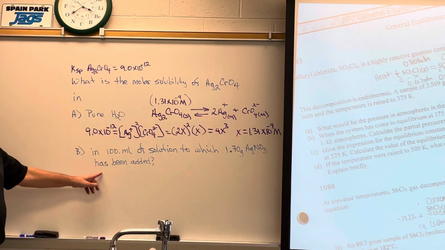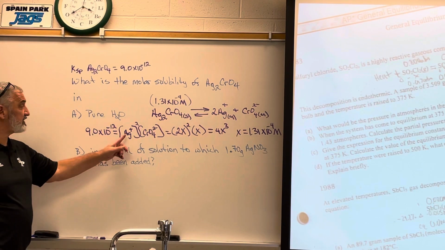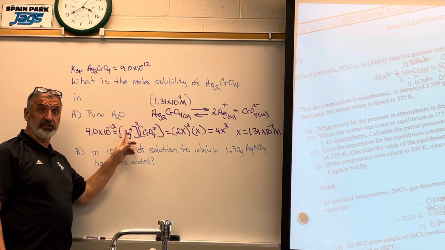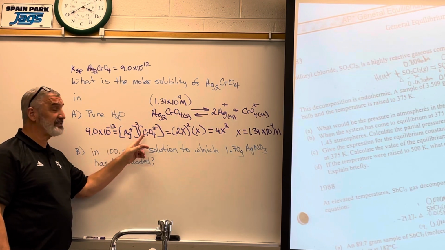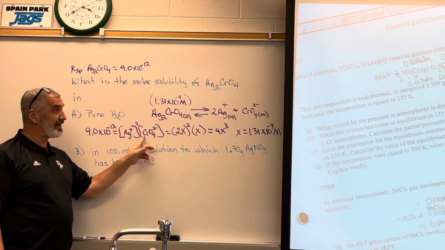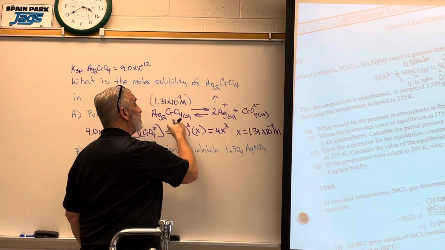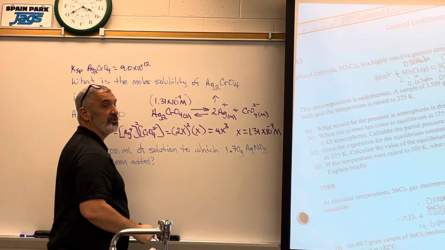So what's going to happen to that solubility if I add some silver nitrate? It's going to decrease. Decrease always. Because if the silver goes up from a secondary source, this times this can never exceed Ksp, so the chromate has to decrease. As this goes up, it shifts the equilibrium to the left, causing this to come out of solution.